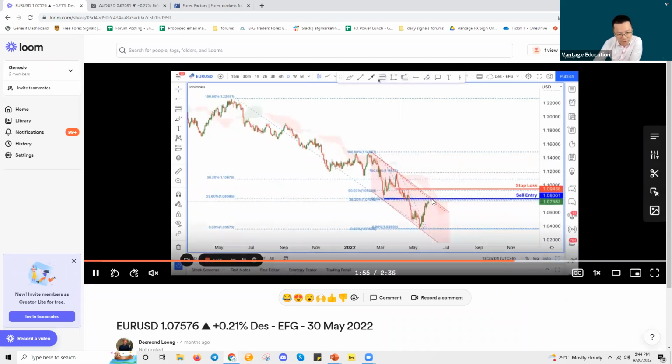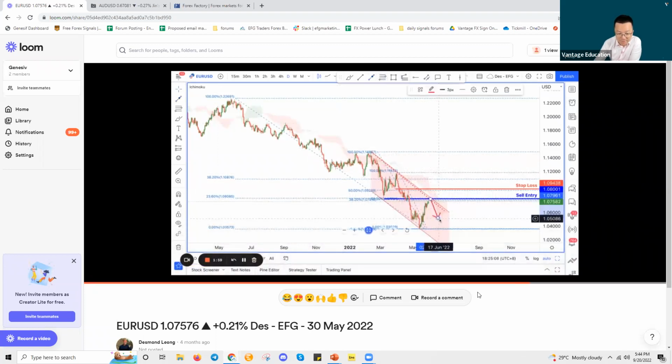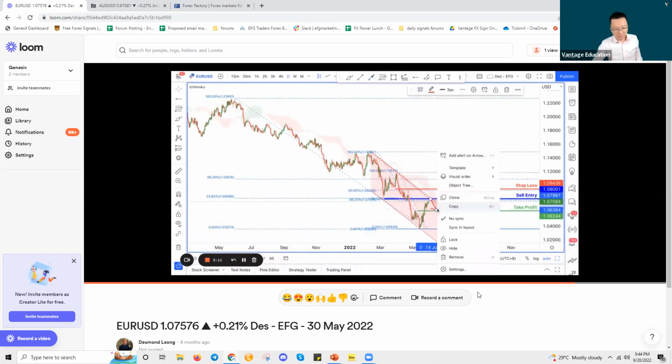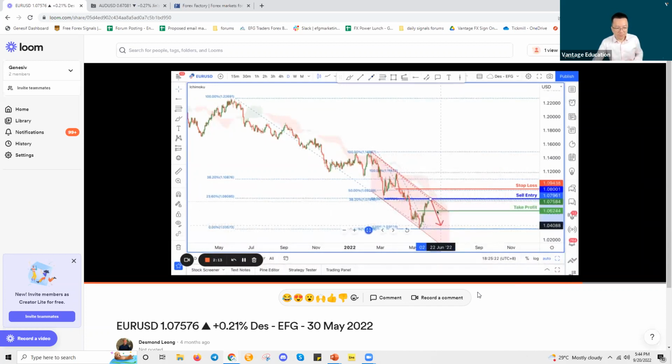So you can see that reaction to that resistance level, anticipating that push towards the downside. Take a bit of a hesitation level there. It's a possible take profit. Or you could also go down towards the next level, the starting point of that bounce, as your next take profit level.